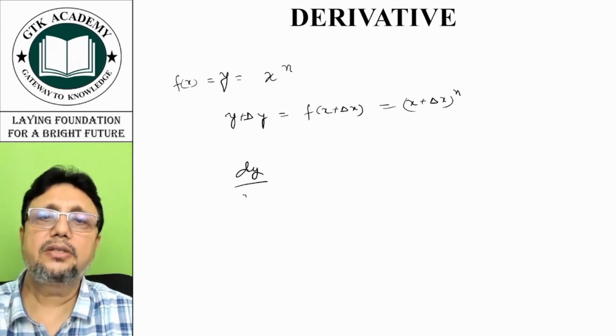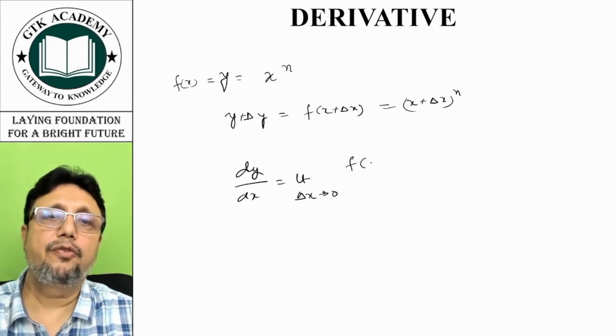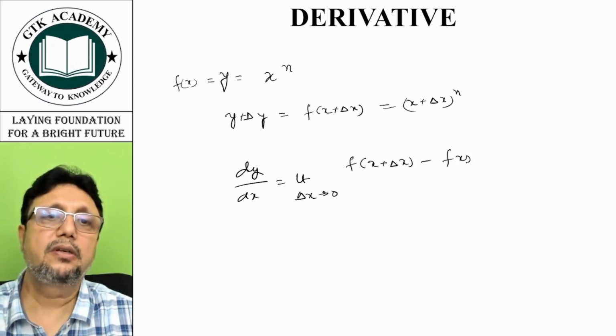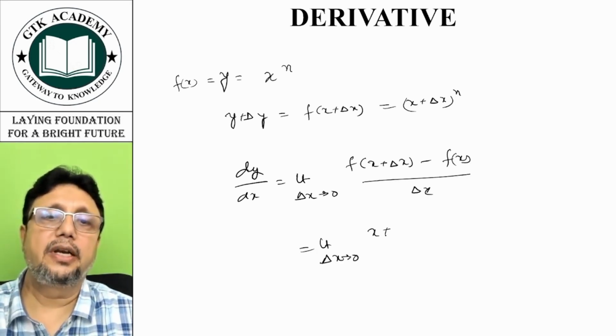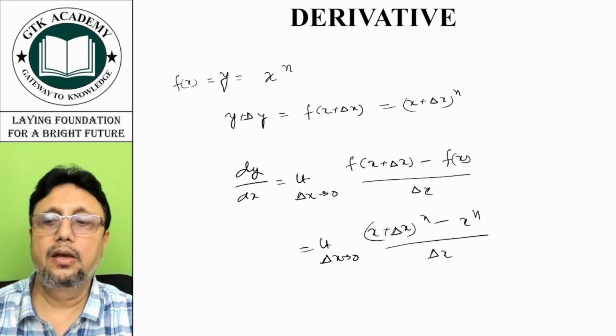So dy by dx is equal to limit delta x tending to 0 of [f(x plus delta x) minus f(x)] upon delta x, which is equal to limit delta x tending to 0 of [(x plus delta x) whole raised to the power n minus x raised to the power n] upon delta x.